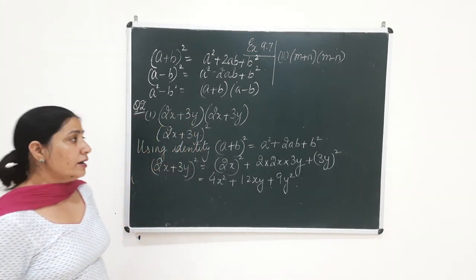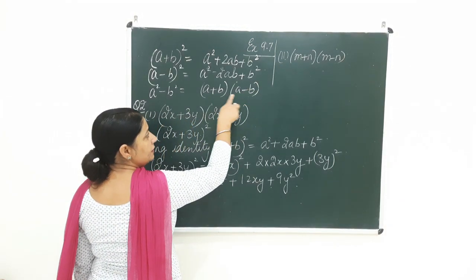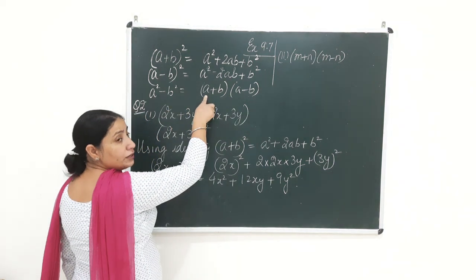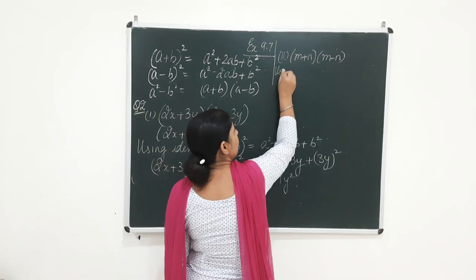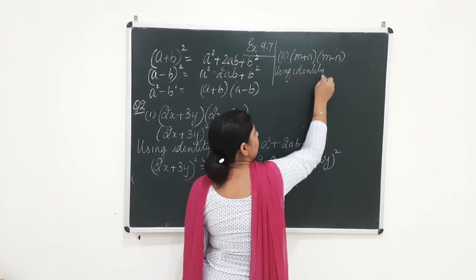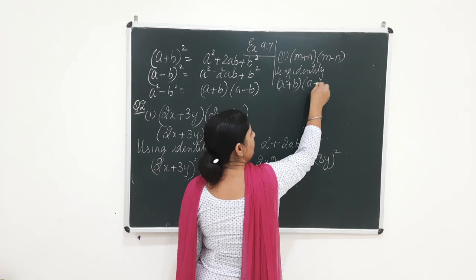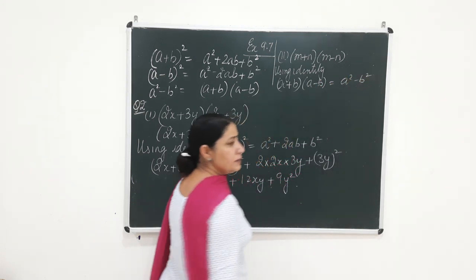So let us recognize that if it is m + n and m − n, it is identical to my third identity where I have got (a + b) and (a − b). So what do I write? Using identity, which identity? (a + b)(a − b) is equal to, beta, a² − b².